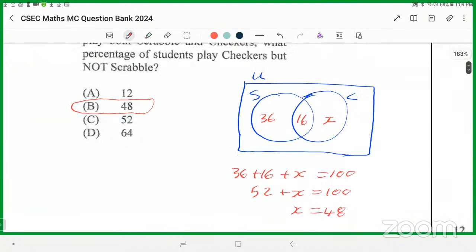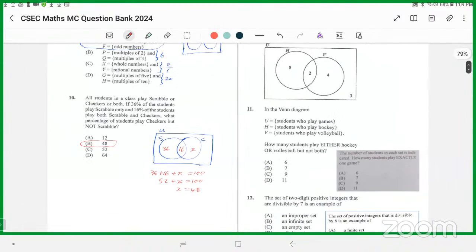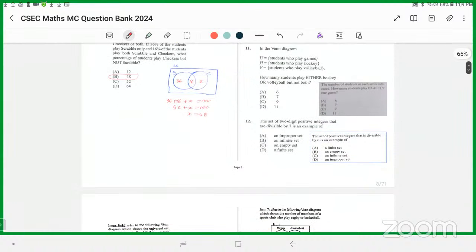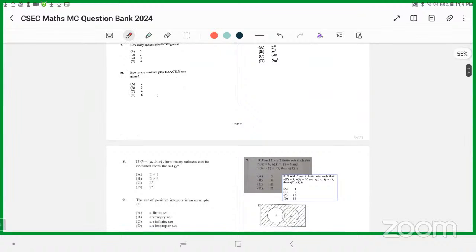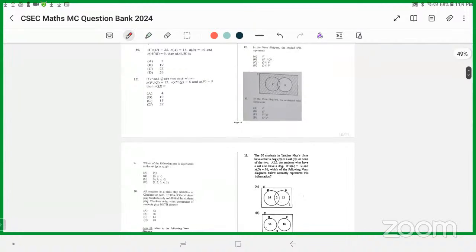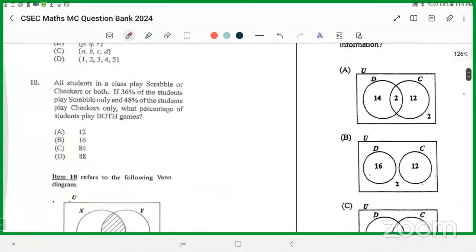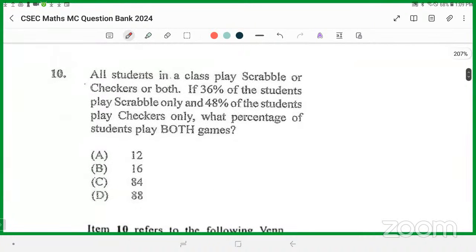I think there's another question like this on the paper somewhere. Scrabble, where is it? If I find it, I'll come back up there. See it here, another one. All students in a class play Scrabble or checkers or both. It's the same question now, but with a change of values: 36% play Scrabble only, 48% play checkers only.